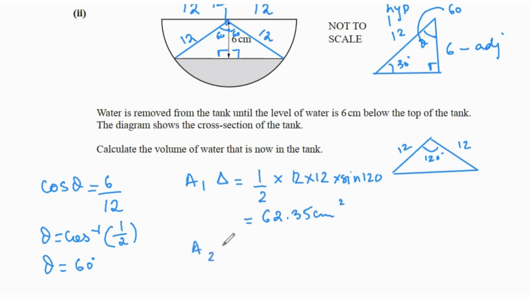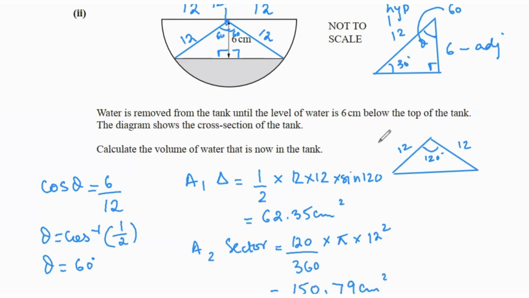Area 2, which is your sector, is going to be 120 divided by 360 times pi times r square, which is 12. And that is going to give us 150.79 centimeters square. Once we found area 1 and area 2, we can subtract the two to get the area of the shaded region.